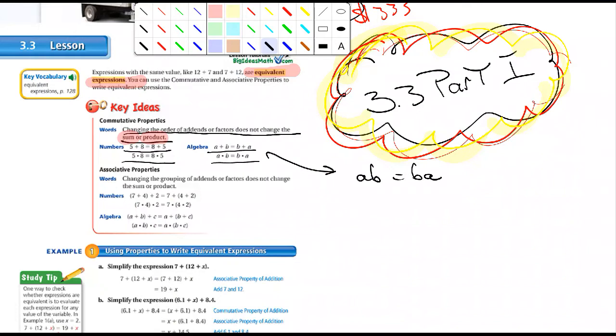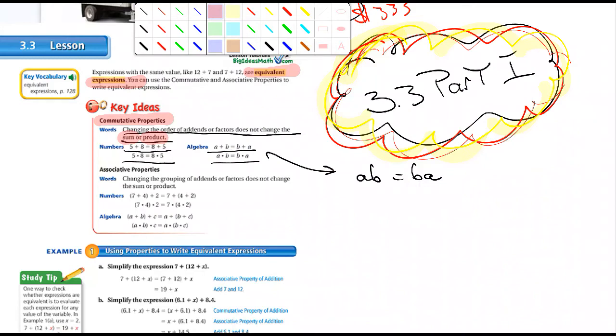All right. Now, when you talk about commutative property, we're talking about letters or variables or numbers individually.